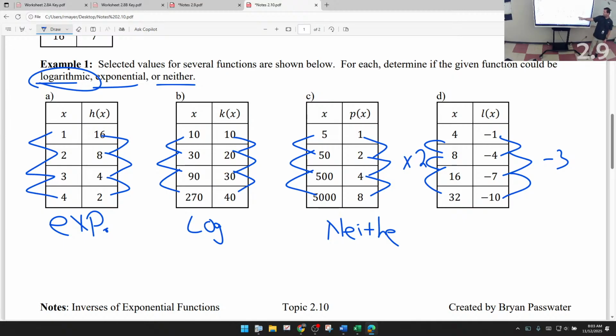Good. This one is logarithmic. Recognize we're not done with these yet, still this year.